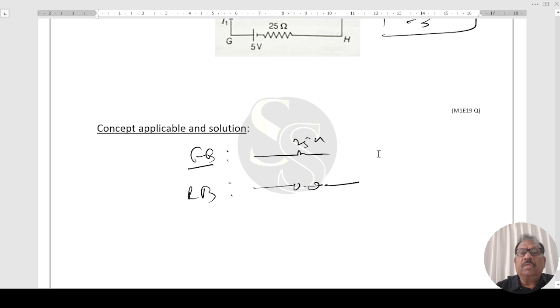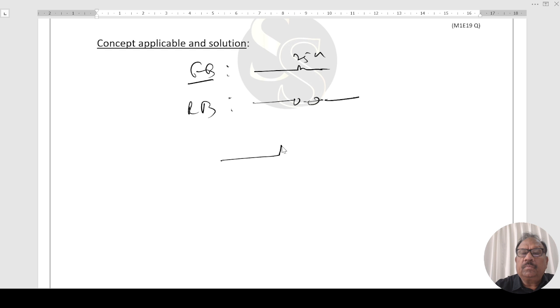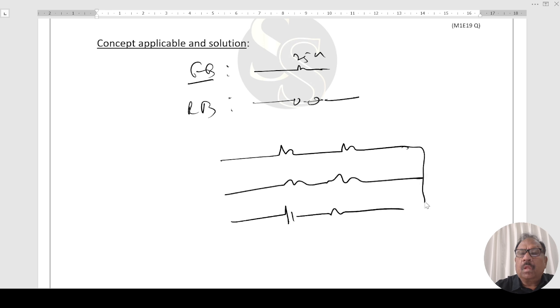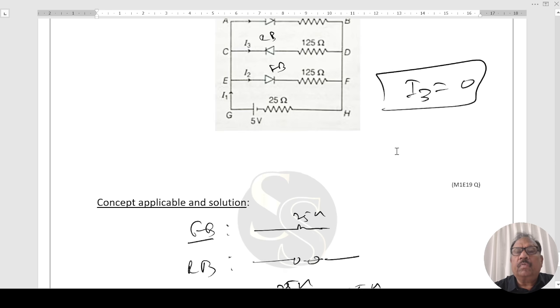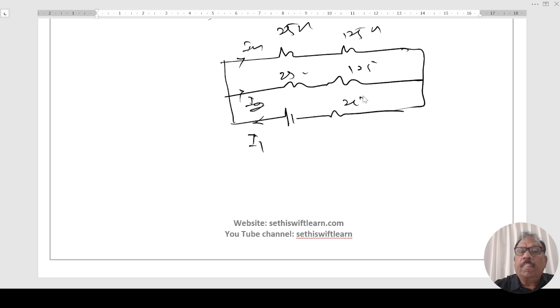And I2 will be, this circuit can be redrawn. This is I1, this is I2, this is I4. This is 25 ohm, this is 25 ohm, this is 125 ohm, this is 125 ohm, and this is 25 ohm.